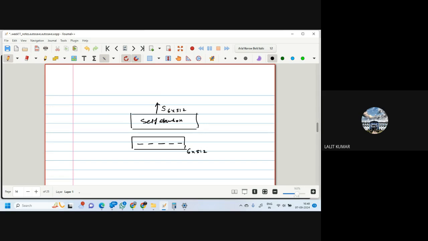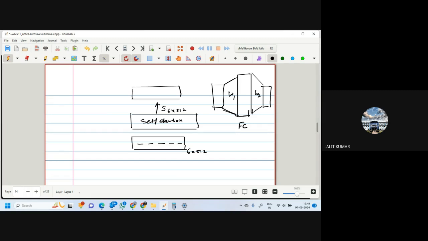Now this S we feed it to a feed forward neural network. How is the feed forward neural network? This is S. We feed it to one fully connected layer, FC layer. Here is an output layer, same size, and this gets connected. So there are two weight matrices, W1, W2. So basically it is expanding it.